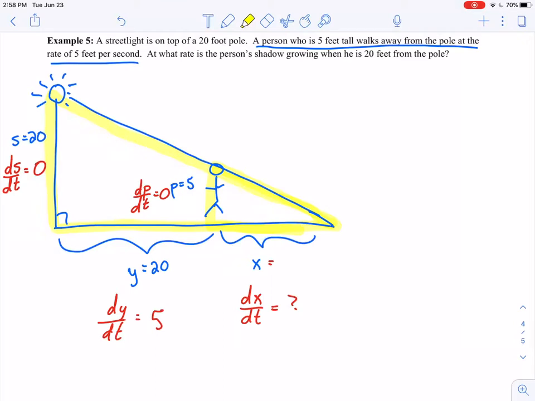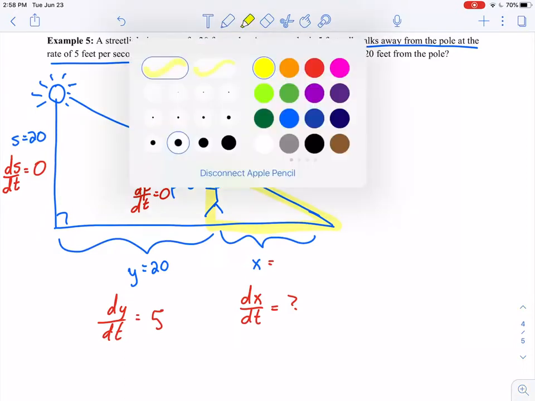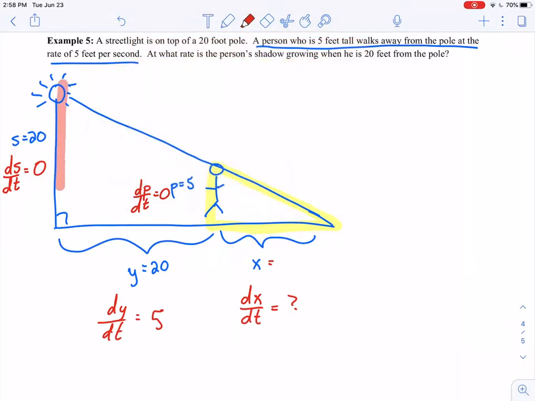What I have here is two similar triangles. I have the yellow triangle, which I've drawn right there, and let me highlight in red, here's the red triangle. The yellow triangle and the red triangle are similar triangles.